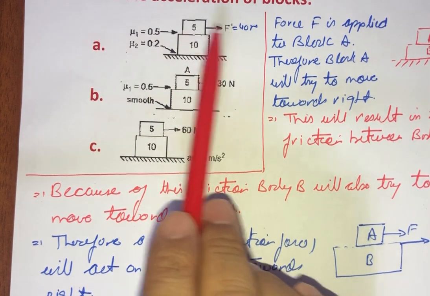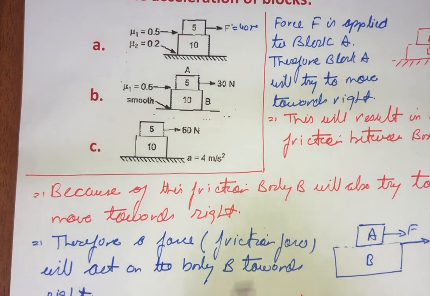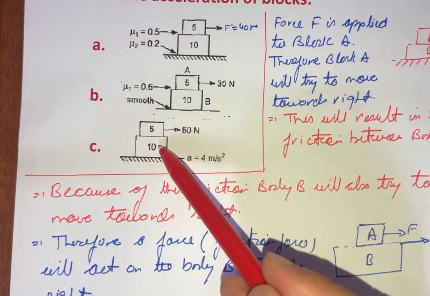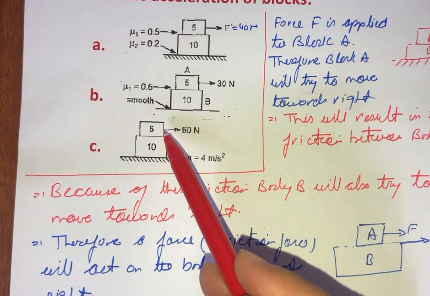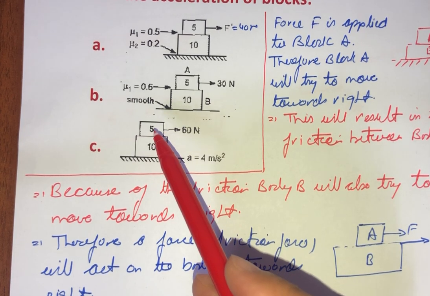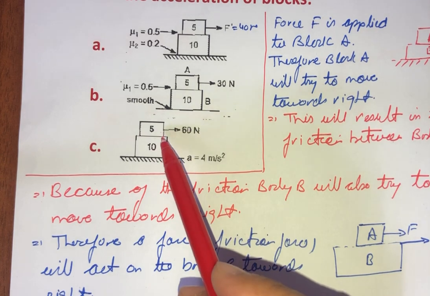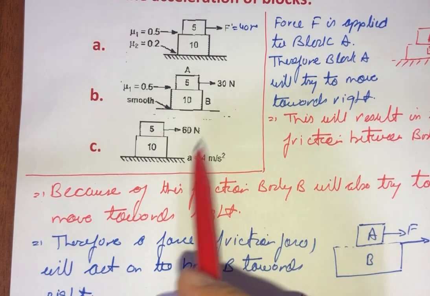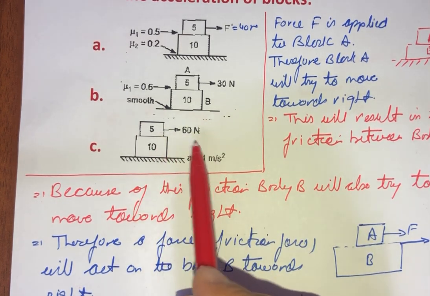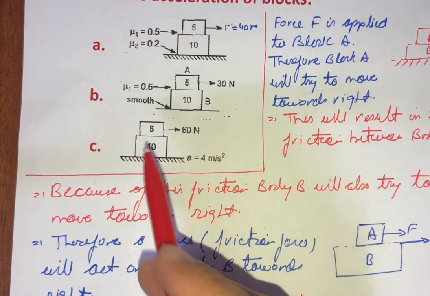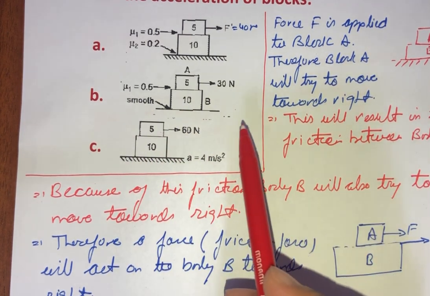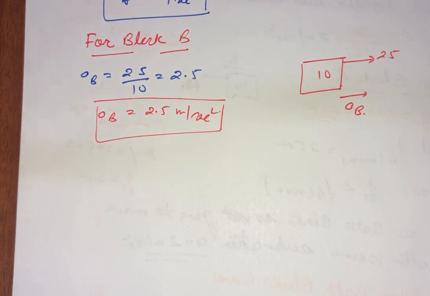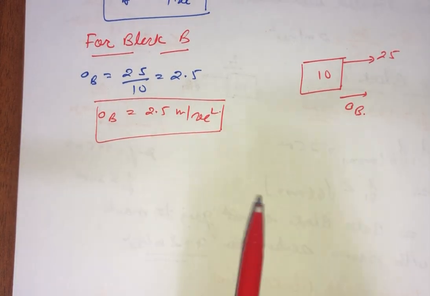So it is a better option to consider that the two blocks are moving simultaneously either to left or right, then find out the maximum frictional force and the frictional force and make a comparison between them, and then decide whether the condition of traveling together is satisfied or not. If it is satisfied, then they are going to move with the same acceleration. If not, then we can solve it for separate accelerations and get the answer.